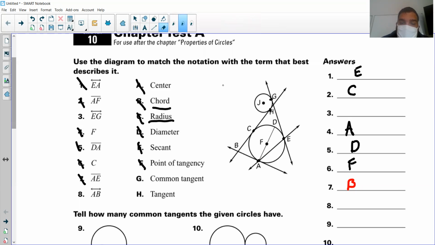A common tangent. A common tangent is a tangent that's in common between two circles. So a line that's between two circles that touches both circles. So that could be line CG or that could be line GE. Both are common tangents in this case.